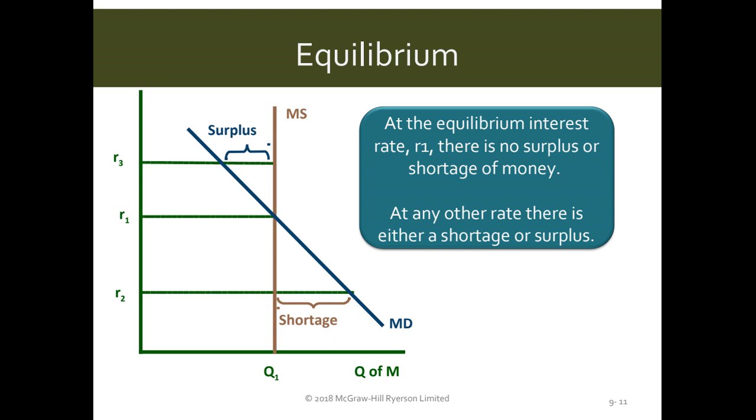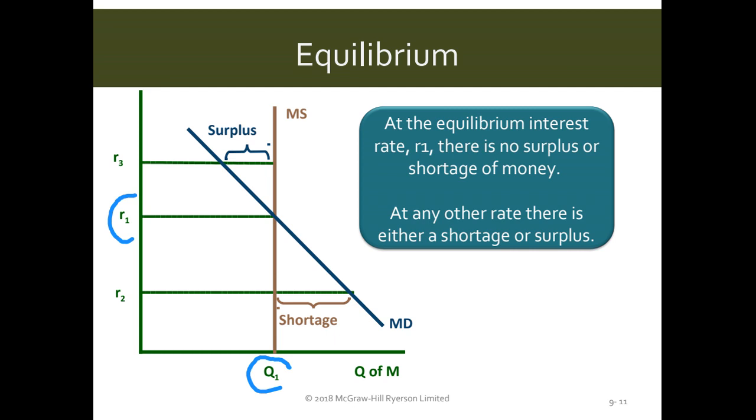So the equilibrium interest rate is this R1, and this is the equilibrium quantity. That is, in the whole country, Q1 dollars are demanded by different consumers, and this is also the supply of money. So everything is in equilibrium, and this is the interest rate, that is R1.